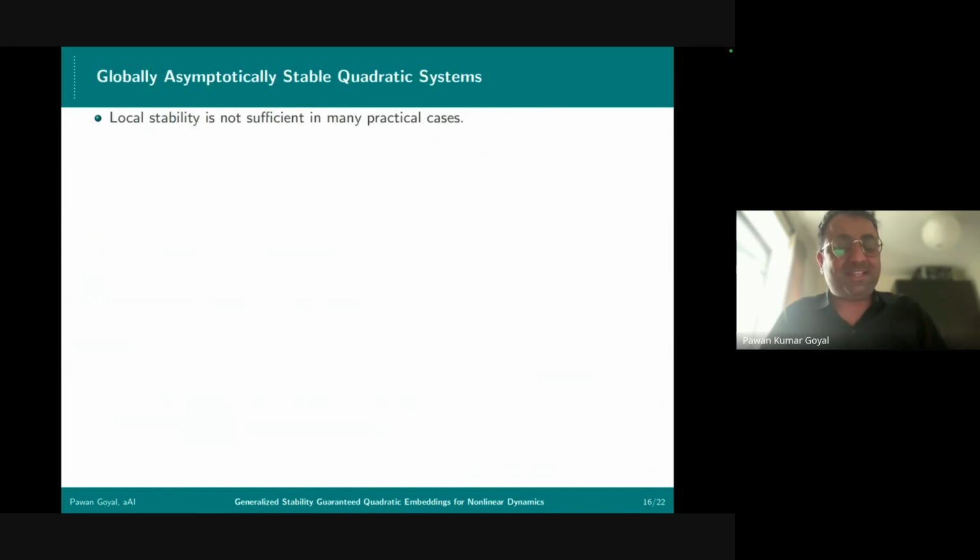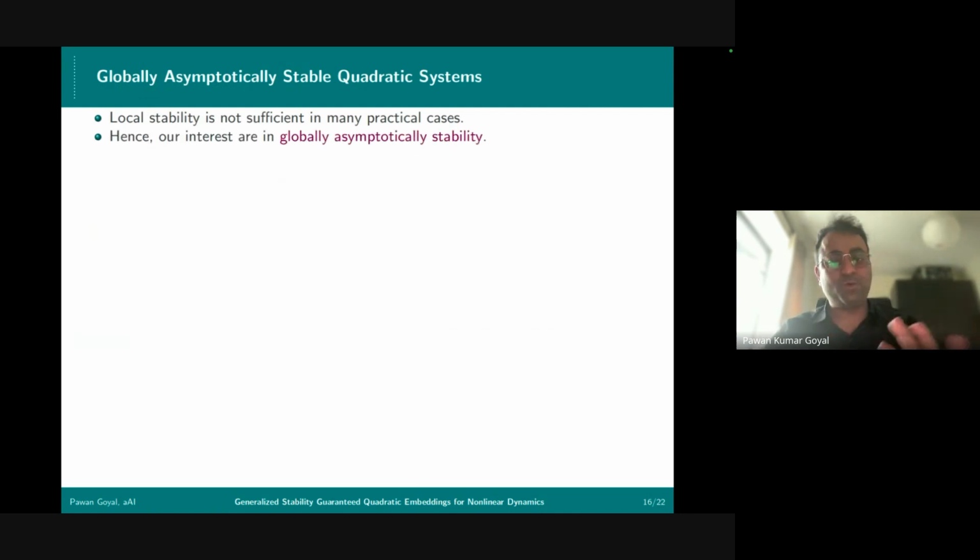However, if you have highly nonlinear systems, and you only look at the local stability, then it's not actually enough in many practical cases. Therefore, we are more interested in global asymptotic stability of quadratic systems.